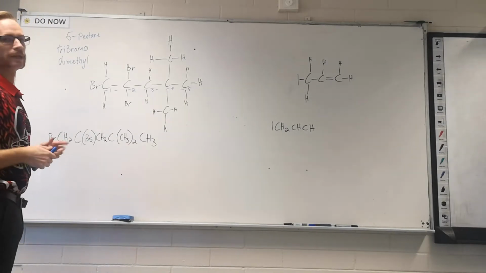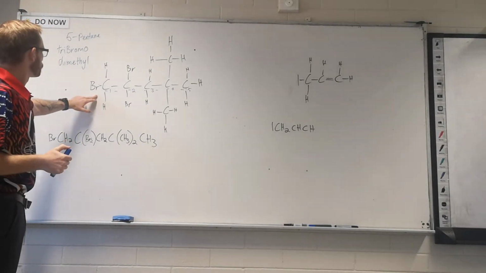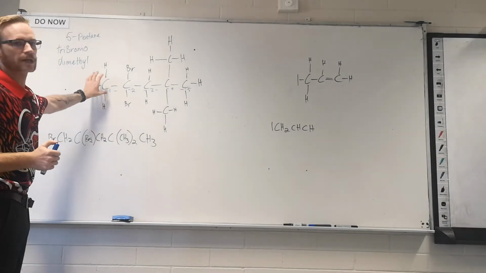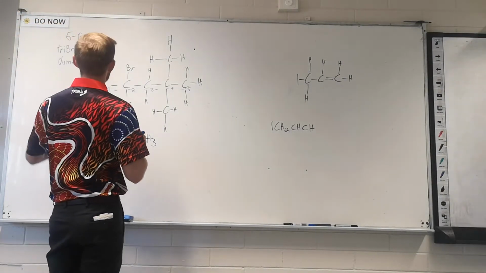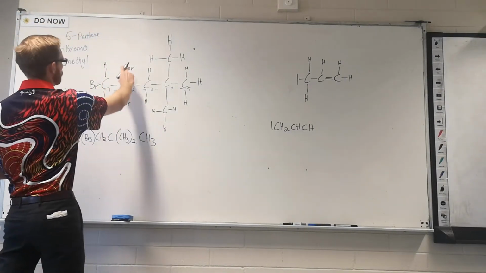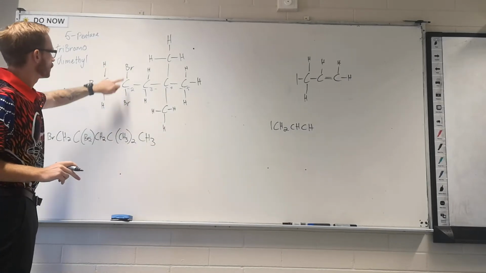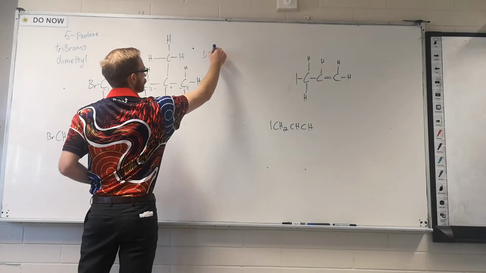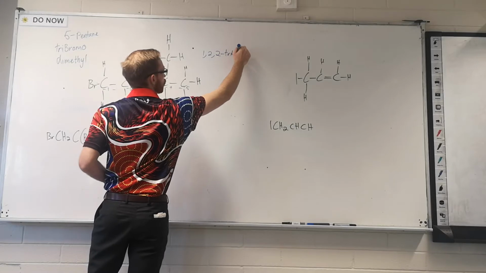Then it's simply a matter of identifying what your functional groups are attached to, which carbon in the sequence, and doing the number there. So if we do this one, I've got my bromos attached to the 1 carbon and the 2 carbon and the 2 carbon. So I'm going to have 1, 2, 2, tribromo.